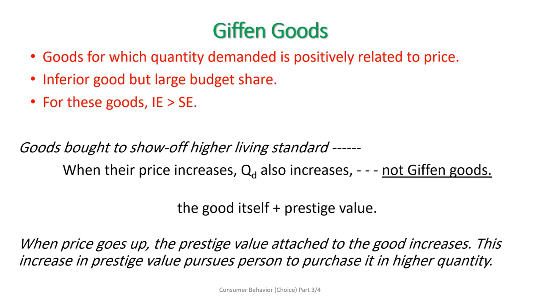The person who buys such a good actually buys two goods. It's a two-in-one package. One is the good itself, and second is its prestige value. So, when the price goes up, the prestige value attached to the good increases. This increase in the prestige value persuades a person to purchase it in higher quantity.